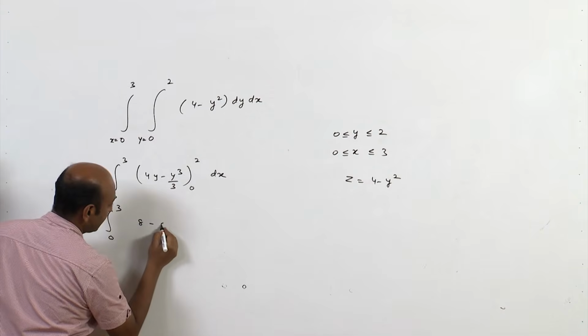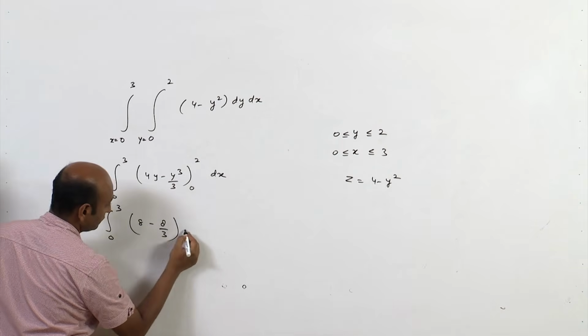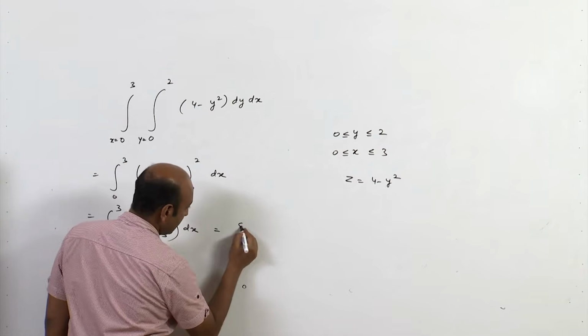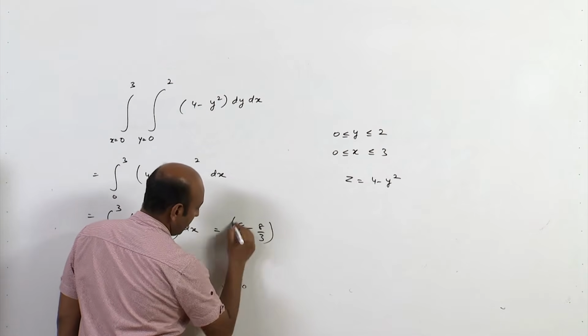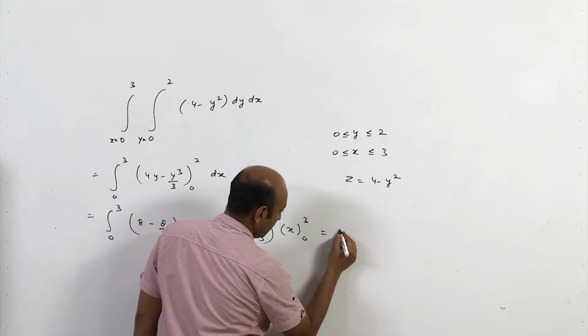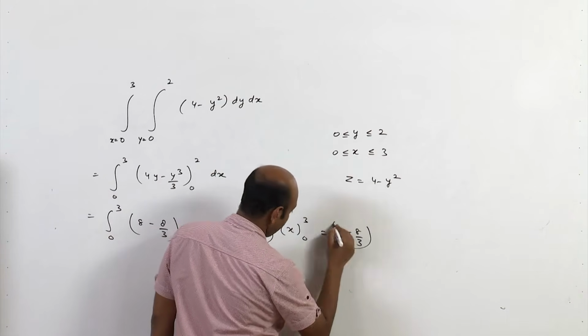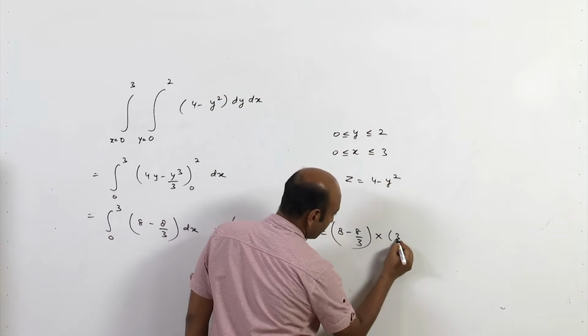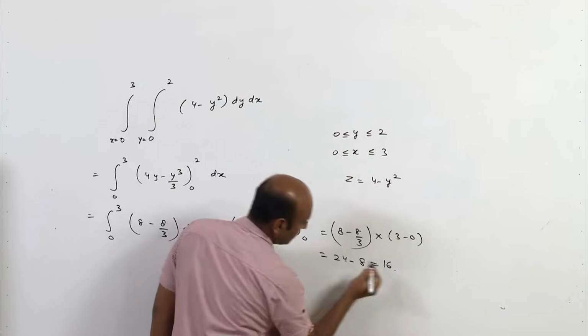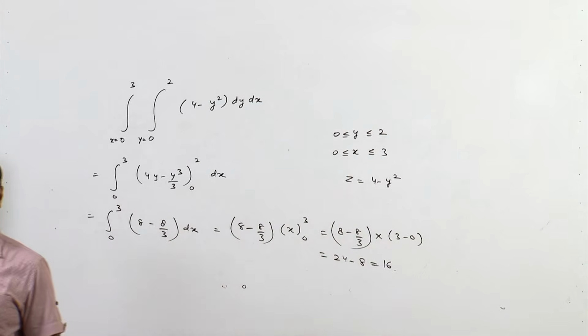Then it is 8 minus 8 by 3 dx, and it equals 8 minus 8 by 3, integral of dx is x from 0 to 3, which is 8 minus 8 by 3 into 3 minus 0, which is 24 minus 8 equal to 16. So, that will be the value of this expression.